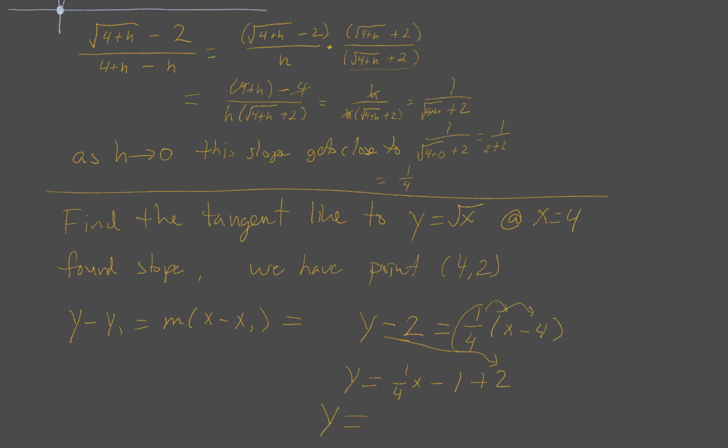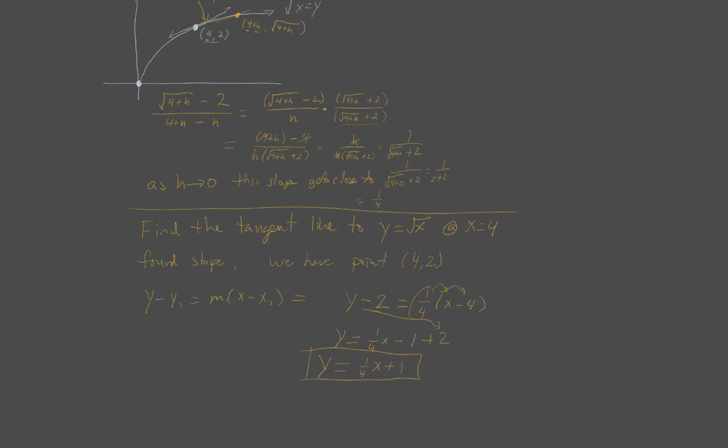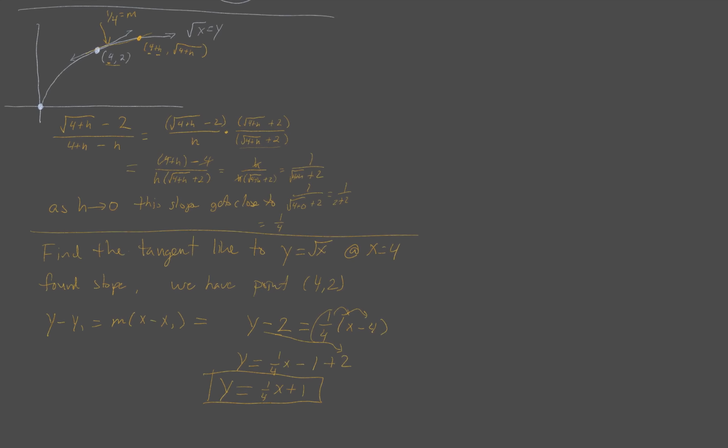And so I get y equals 1/4 x plus 1. And that's the tangent line. If I wanted to know the equation for this tangent line, that equation is given right there.